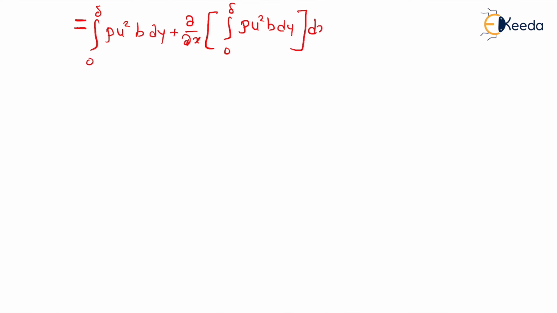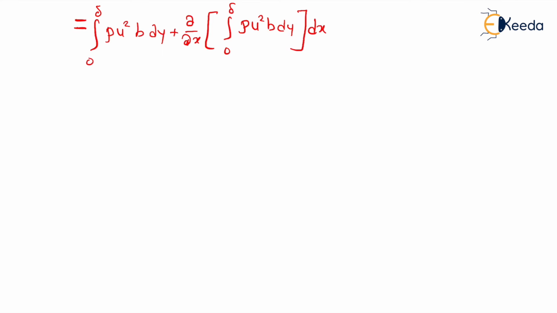Initially, momentum through BC is integral of 0 to del rho u square b dy plus ∂/∂x integral 0 to del rho u square b dy dx.